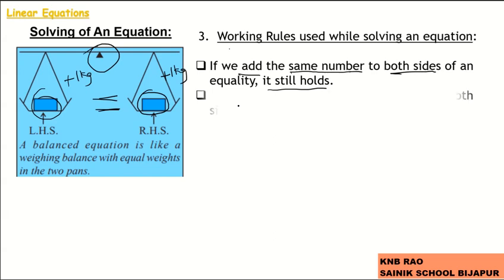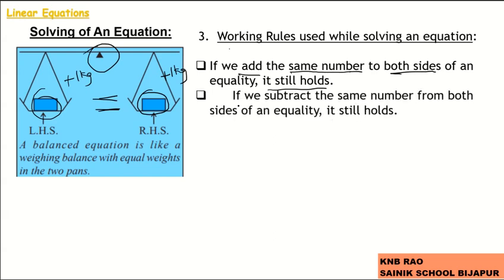Similarly, if we subtract the same number from both the sides, still it holds the equality. Subtracting means taking away; the same quantity taken away from both the sides makes no change in the equilibrium of this physical balance.